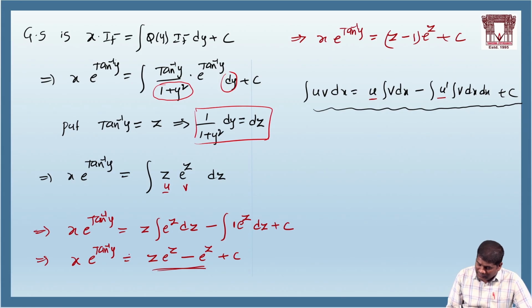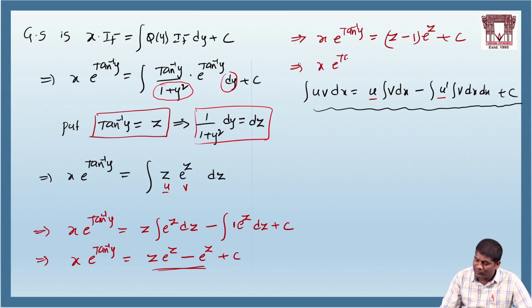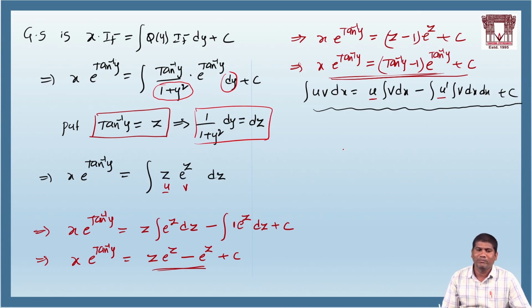Since z is tan⁻¹y, we replace z: x e^(tan⁻¹y) equals (tan⁻¹y − 1) e^(tan⁻¹y) plus some constant c. This is the required general solution to the given problem.